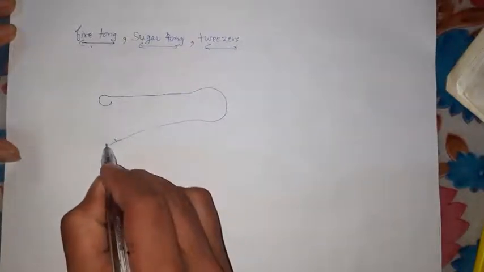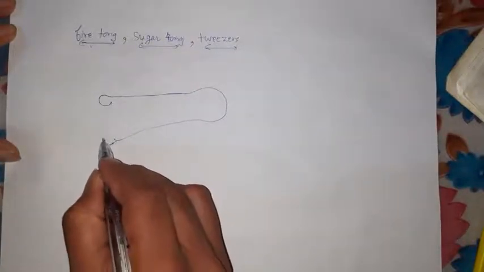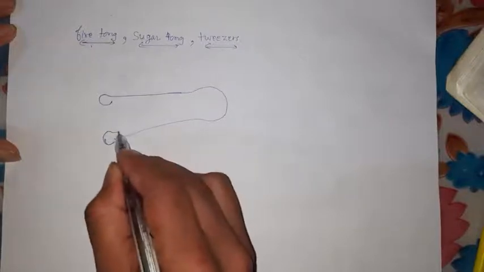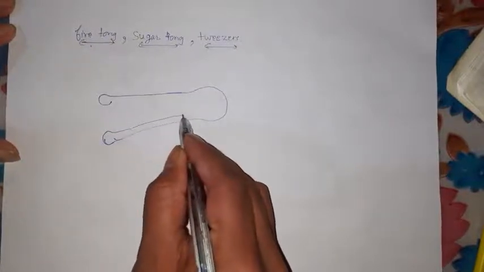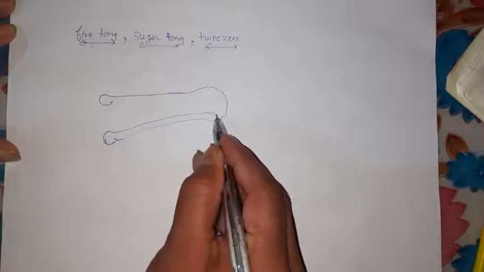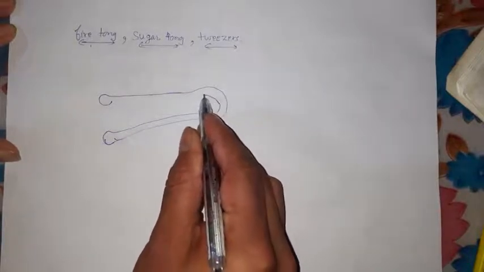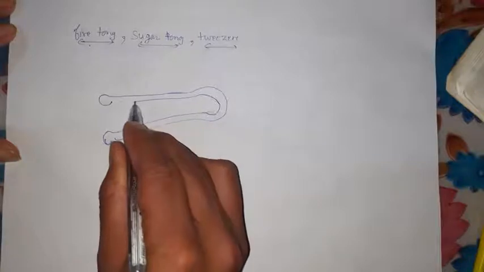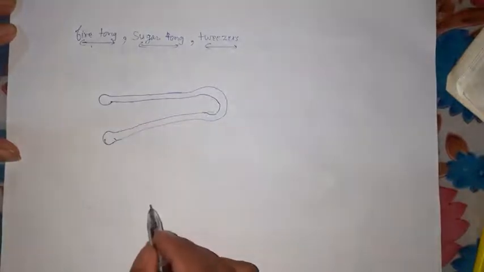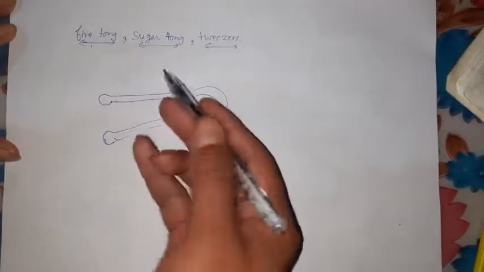We know that the effort will be in between the load and fulcrum. Okay, so this is what we are having: sugar tongue or fire tongue or tweezer.